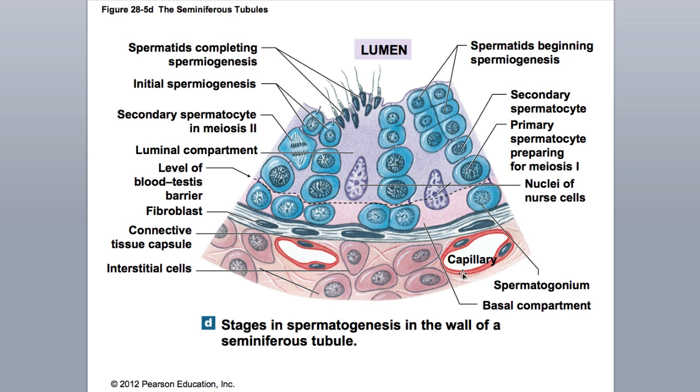So you never want to break that blood-testes barrier, otherwise you're going to have a problem with sperm development. Radiation, some chemicals will actually pass the blood-testes barrier and affect the sperm development. Okay, so you have to be careful about the blood-testes barrier. Next slide.